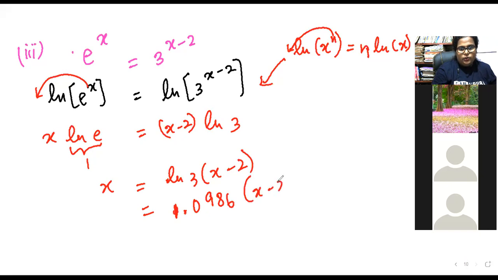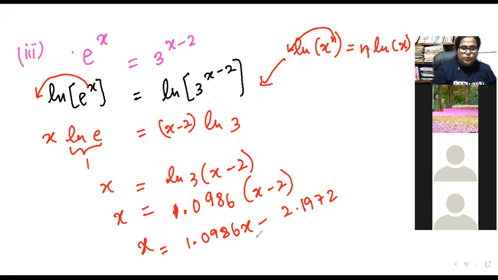x equals 1.0986 times x minus 2. So you can simplify by removing brackets in this one: x equals 1.0986x minus 2.1972. So we can take x to the right hand side, and you can take this 2.1972 to the left hand side.